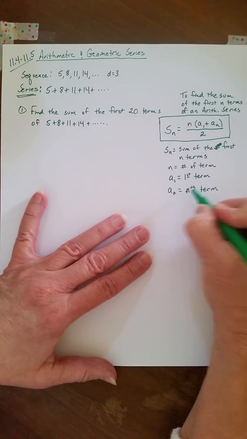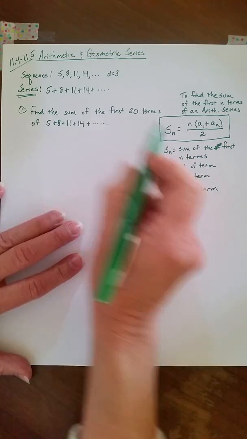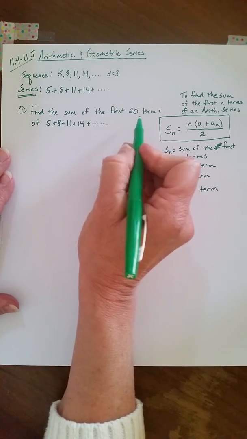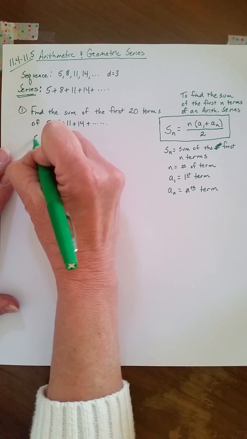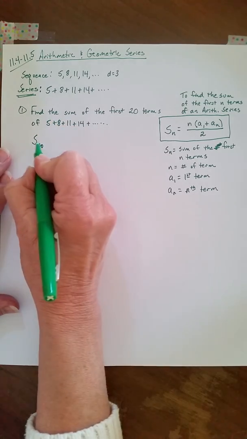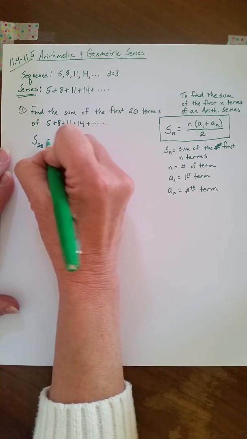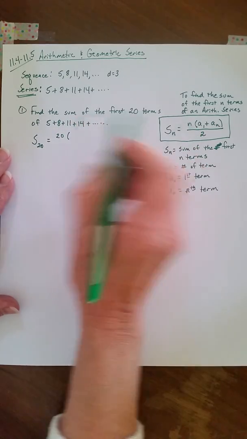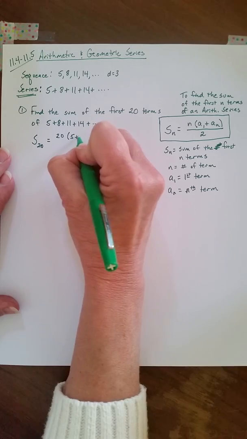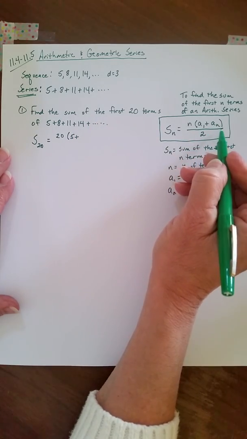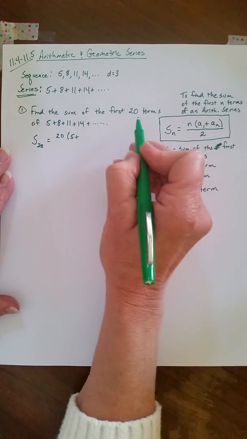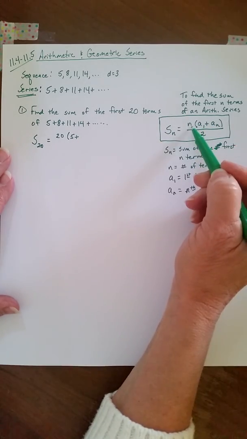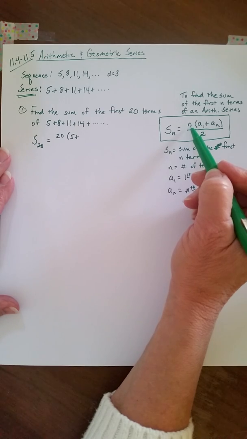Okay, so now if I apply this formula to this problem, we're looking for the sum of the first 20 terms. So n equals 20. So I'm going to write S sub 20. The sum of the first 20 terms is 20 times the first term, which is 5, plus the a sub n, the 20th term. Now we're not going to put in 20 because notice this is a sub n, not n.